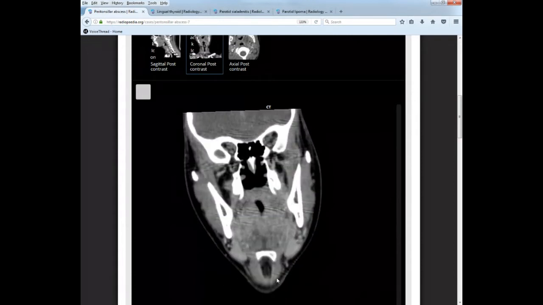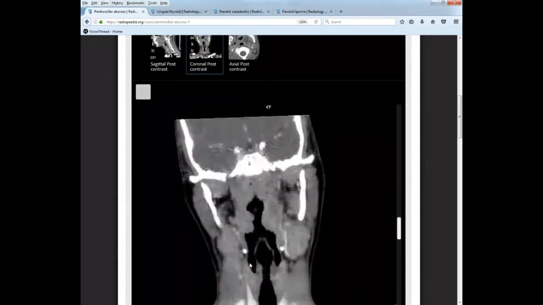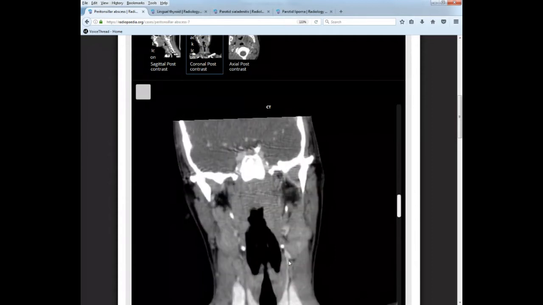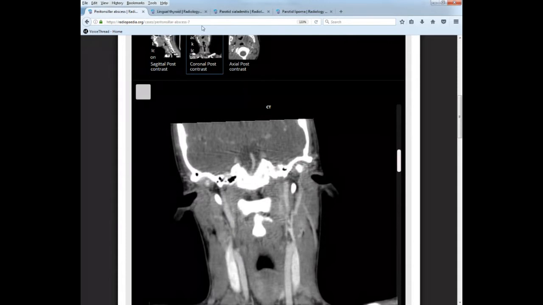Now, this is not a good study to see the cartilages. You can see the hyoid bone clearly right here. However, you're not really seeing the thyroid, cricoid, or arytenoid cartilages, which are the 3 cartilages that you should be able to see in the soft tissue neck. So that's your coronal view.